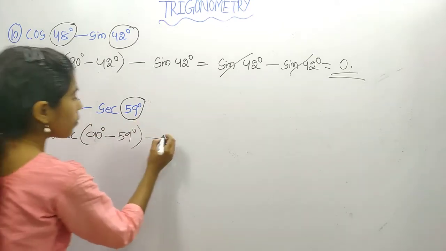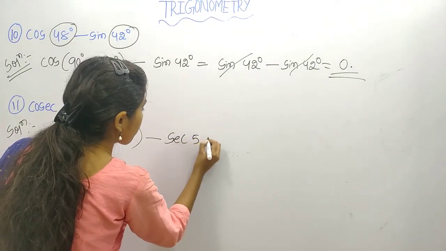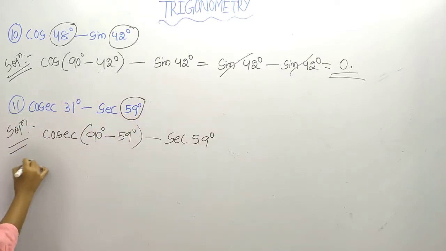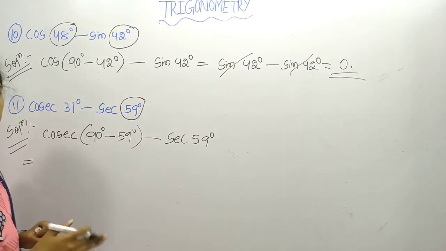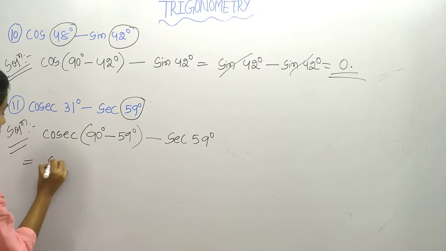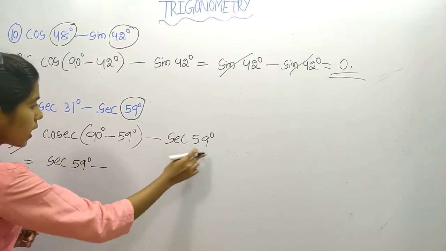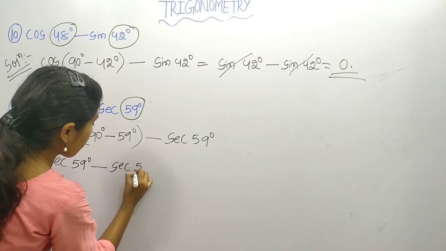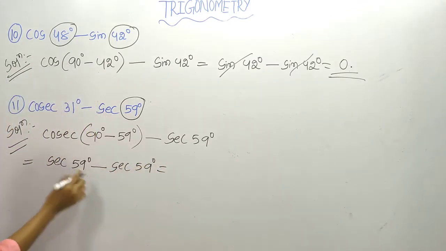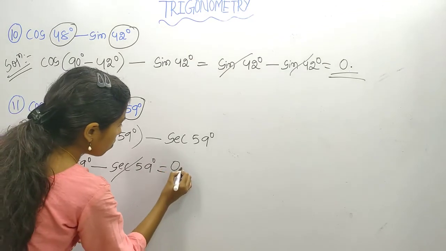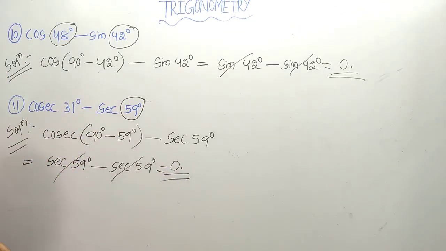Minus sec 59 degrees equals cosec of 90 minus theta. The formula gives sec theta, so sec 59 degrees minus sec 59 degrees. Plus and minus cancel, and it becomes 0. Like this we can solve. So let's move to the next.